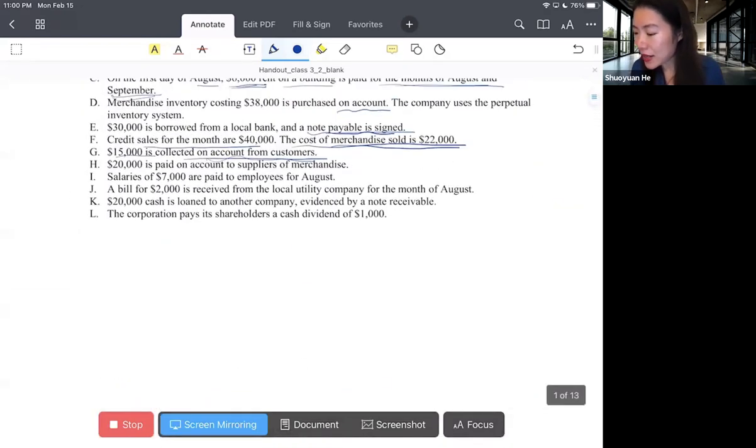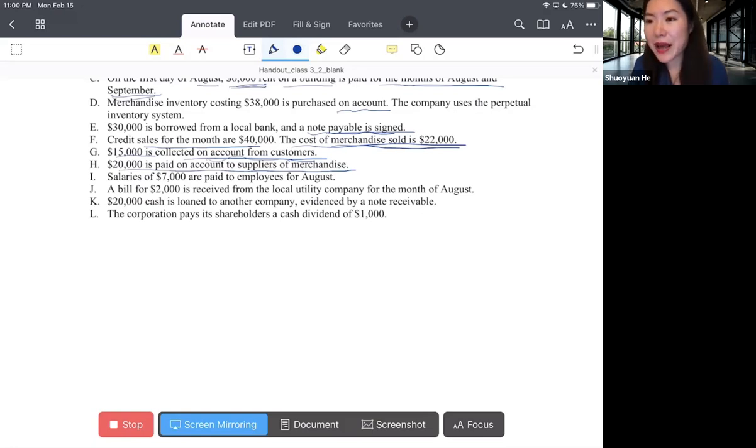The next one, 20,000 is paid on account to supplier of merchandise. So 20,000 is paid, so cash goes down by 20,000. And it is paid on account to suppliers of merchandise, which means that it was a previous account payable. Previously, the company bought supply from this merchandise.